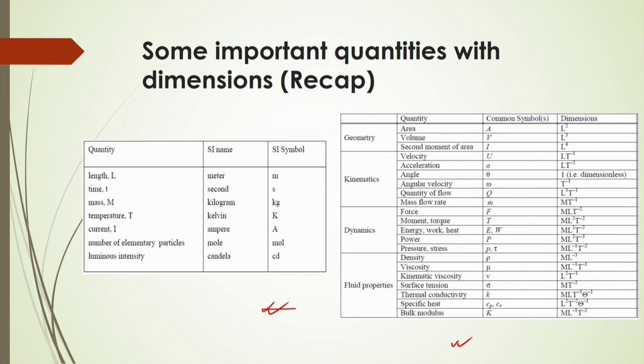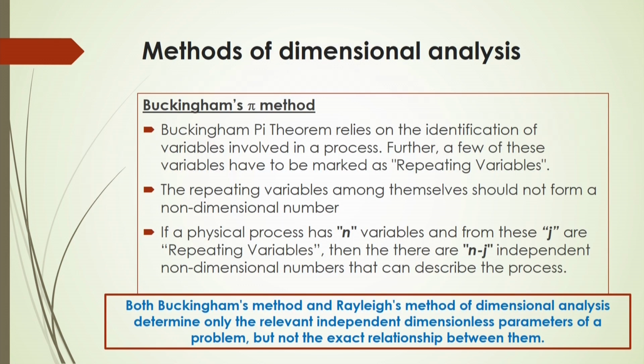Volume should be L cube. Similarly, if I consider velocity to be meter per second, it should be meter as L and time as t, so it should be L by t or L t to the power minus 1. Like this you will get the different quantities and their corresponding dimensions in the table here. So, you have to use those dimensions for the dimensional analysis.